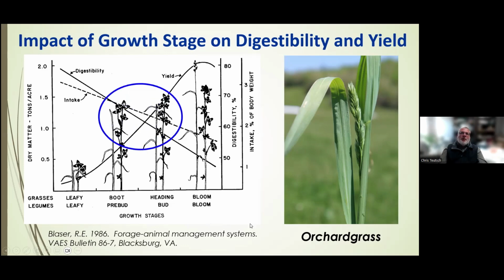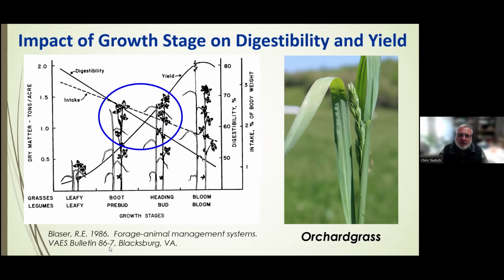And our best compromise between yield and forage quality is going to be when that grass plant is at the late boot or early head stage, and that legume plant is at early to mid bloom stage.